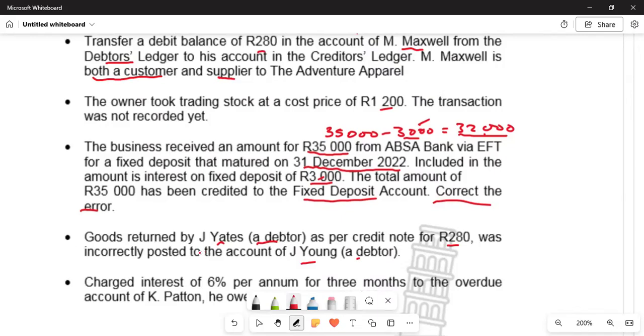To correct it, we debit J Young with 280. This reverses the wrong credit made to J Young's account, restoring his balance. Then we credit J Yates with 280, correctly reducing J Yates' balance, because he returned the goods.